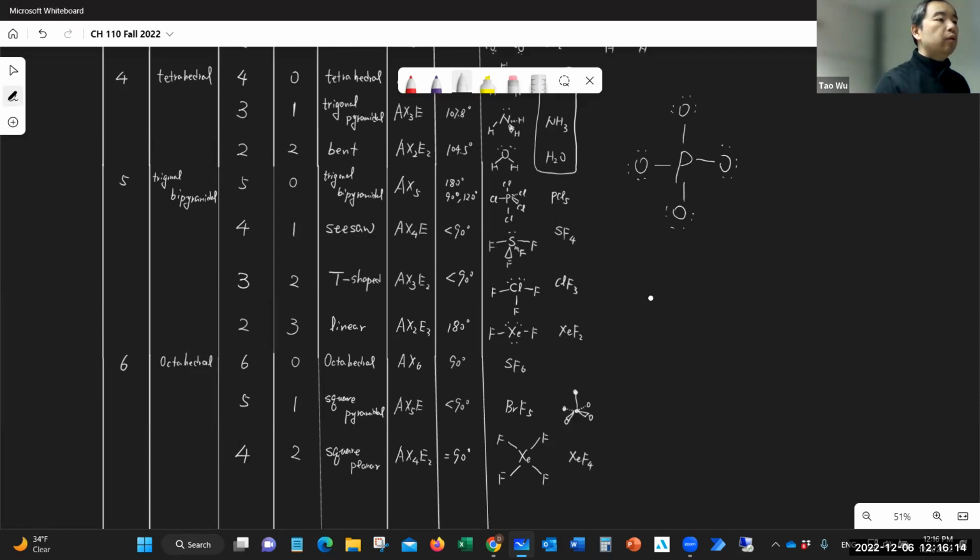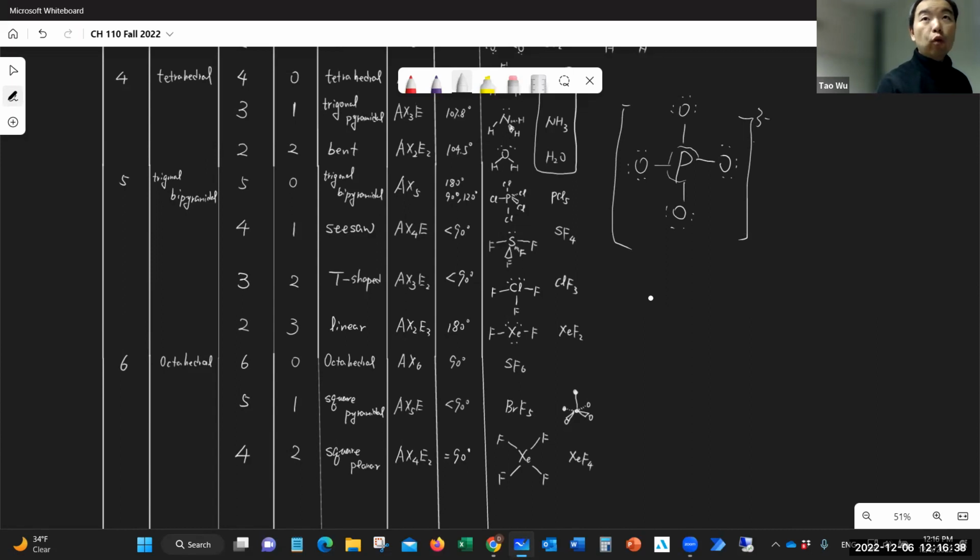So if you look at this, it's the Lewis structure of phosphate. Then what do you need to do? You need to look at the central atom. Around the central atom, how many electron domains does it have? 4, right? Any lone pairs? No, only 4 bonds over here.